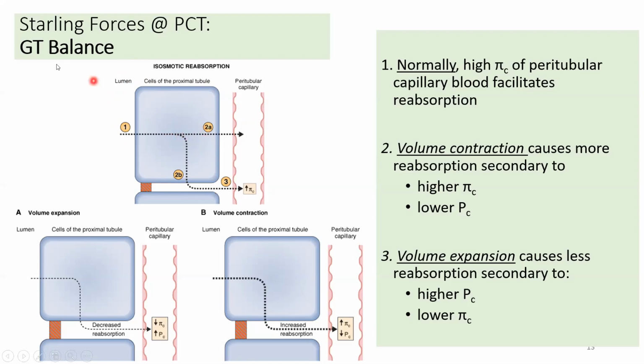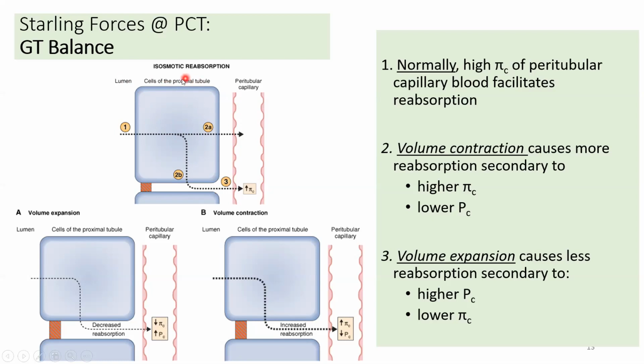Okay, please do not confuse it with the tubuloglomerular feedback mechanism, which is part of the autoregulation. Tubuloglomerular feedback is all that renin, angiotensin 2 stuff, that is separate. GT balance is a proximal convoluted tubule concept. And what is it?